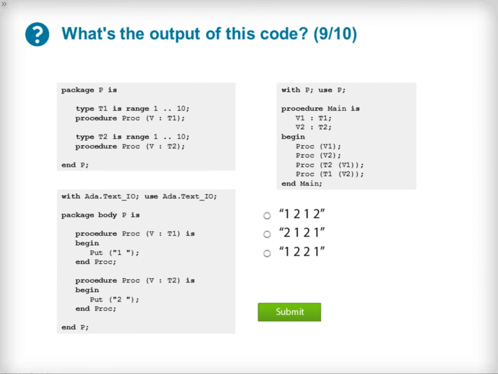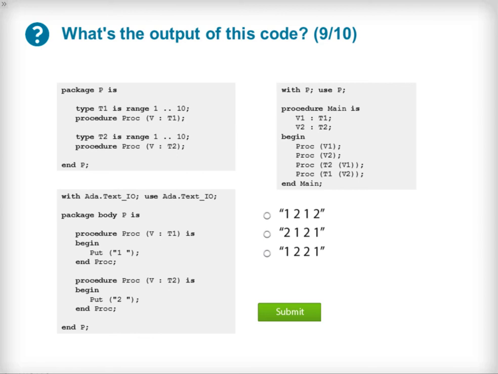Question 9 presents a more complex example, designed to test your knowledge of primitive operations. Package P declares two scalar types, each with a primitive operation called proc. The procedure body provides implementations of these primitive operations, and each implementation outputs a different value, either 1 or 2.